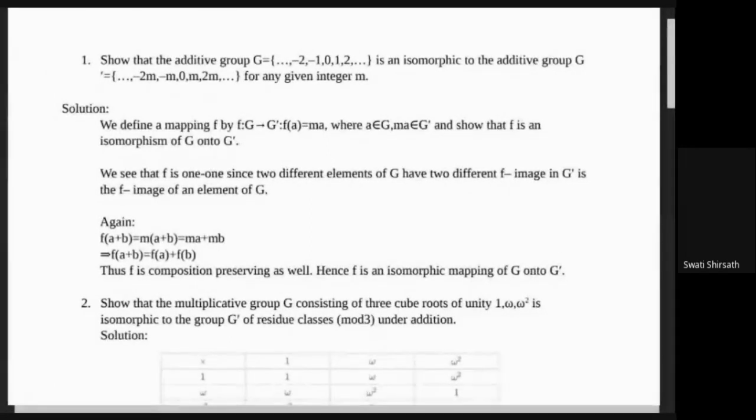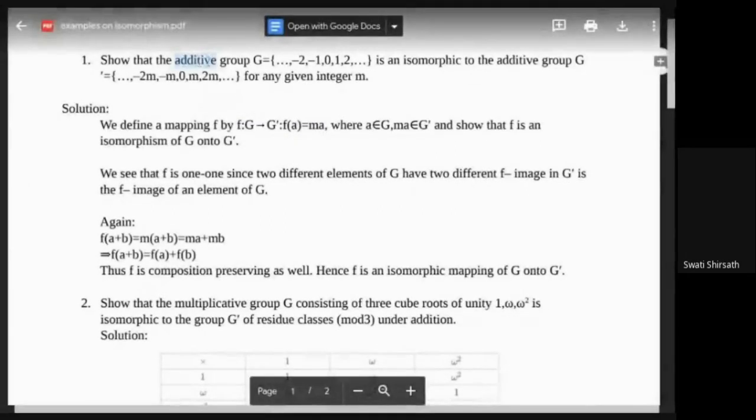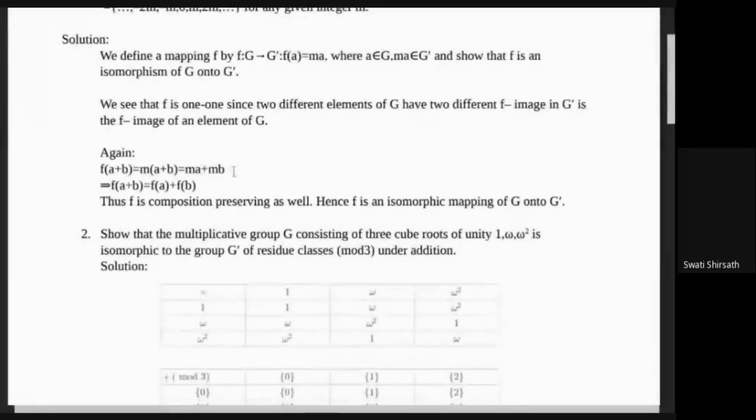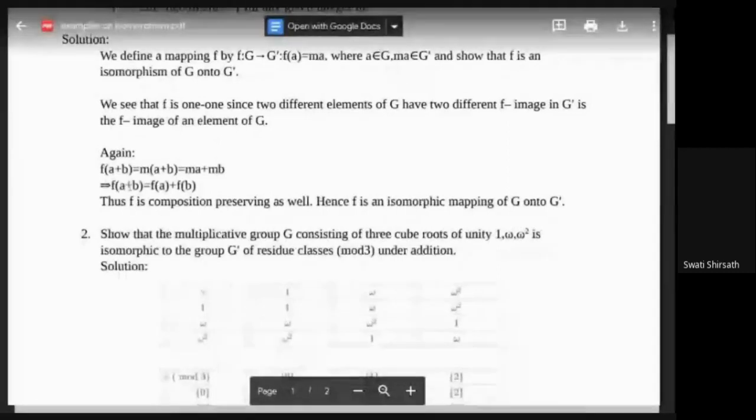Now you have got this function, so you put the values of a and ma using the operation addition. So this a will be replaced by a plus b, and this value will be reflected on the left hand side also. So m into a plus b is ma plus mb, which gives us f of a plus f of b. Am I right? So f of a plus b is equal to f of a plus f of b.